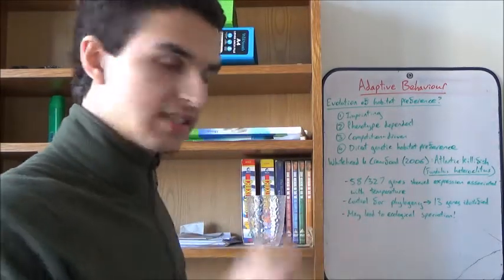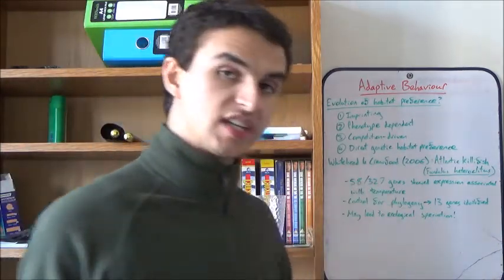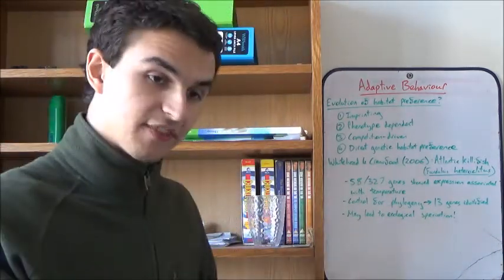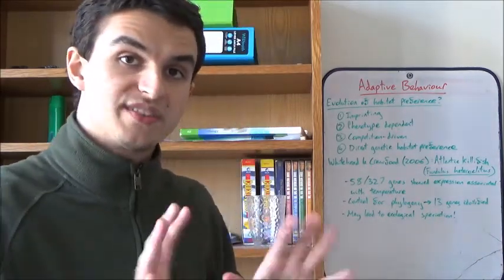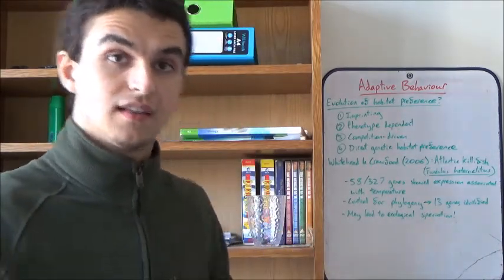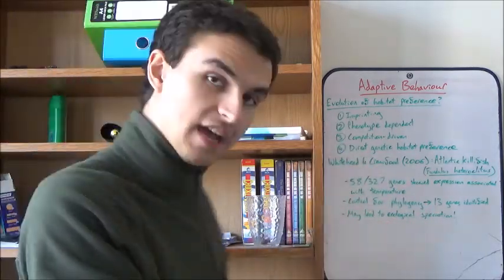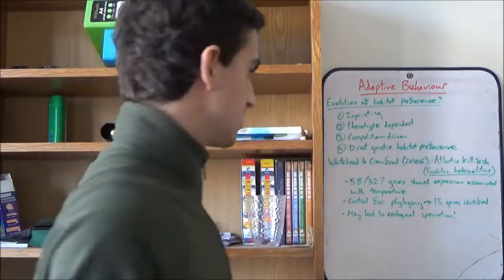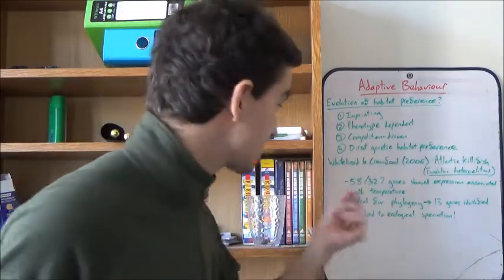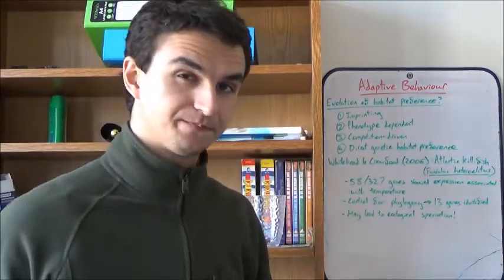And what these scientists did is they looked at 327 genes, they kept these fish, and they wanted to measure differences in gene expression with the temperature of the water that those individuals came from. And what they did is that they identified 58 genes which showed expression associated with temperature.